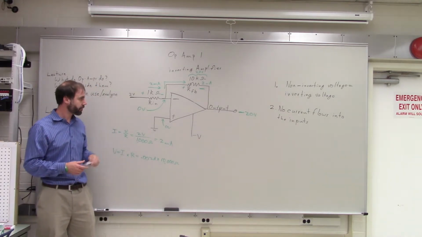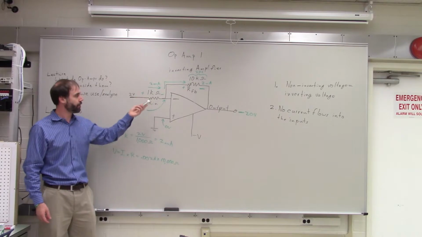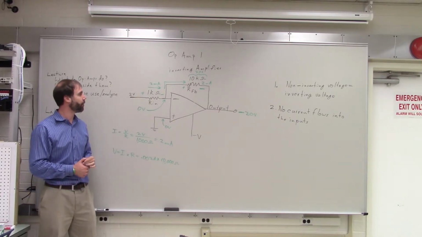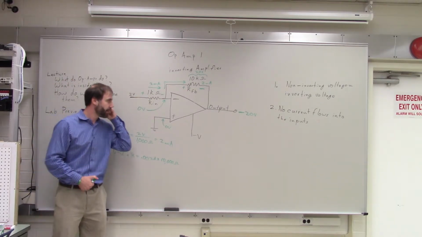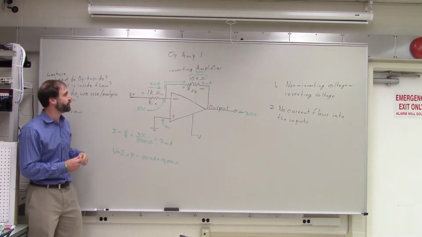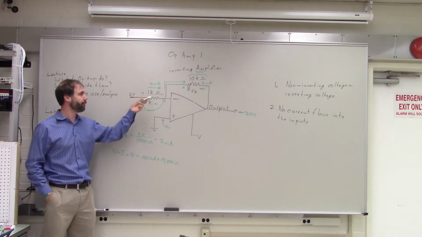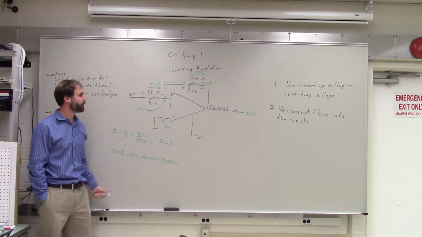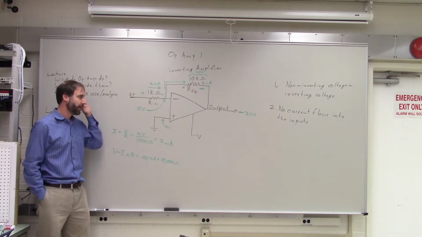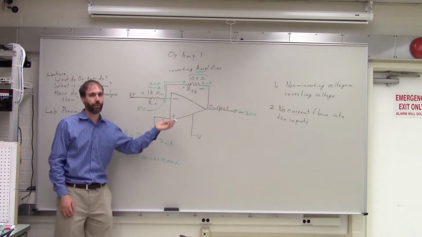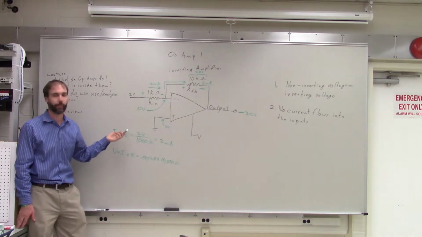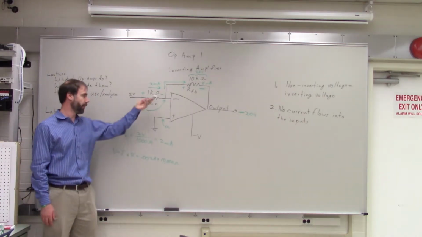So we used these two laws to figure out what was going on with this circuit. But it turns out that if we see a bunch of these inverting amplifier circuits over and over again, it can be kind of tedious to work through the equations every time and do the analysis.